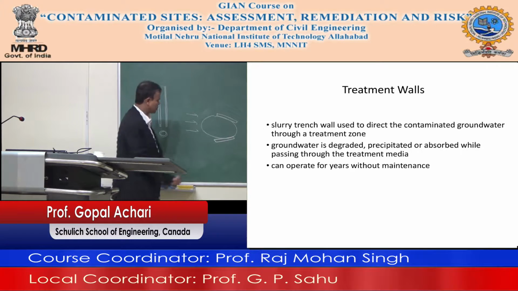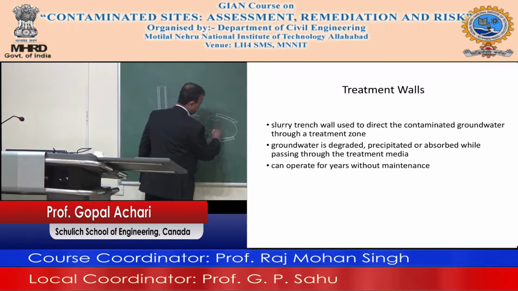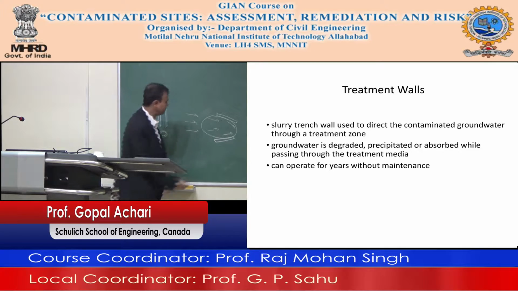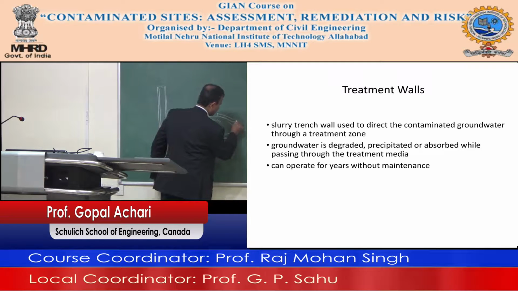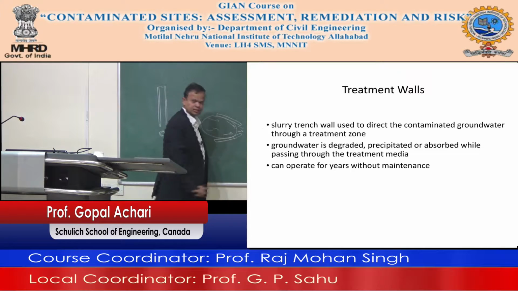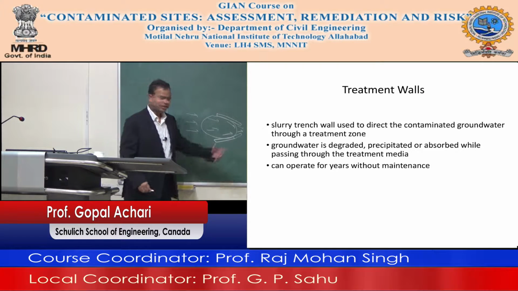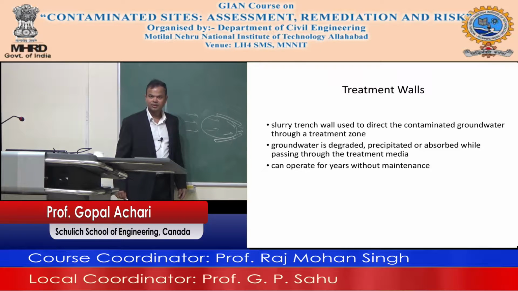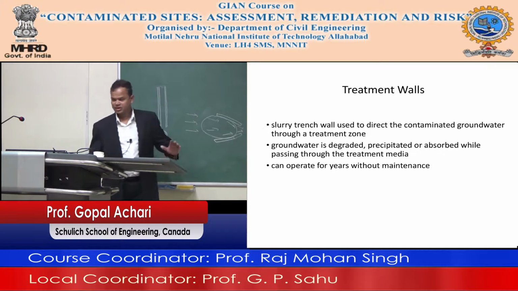So all the water will start to flow through this zone here, and you can make it narrower, further here and further here, right? Now the water has to go through here, correct? And you can make a place to treat. All right, so that's a slurry trench cutoff wall.